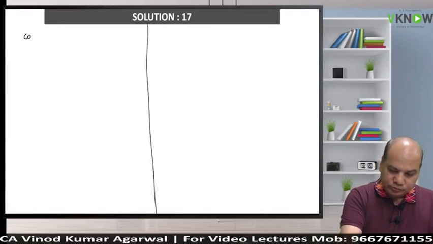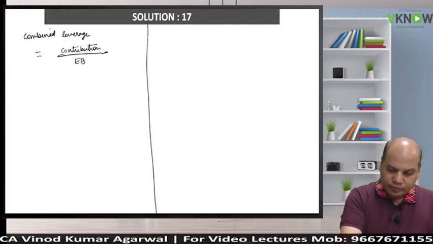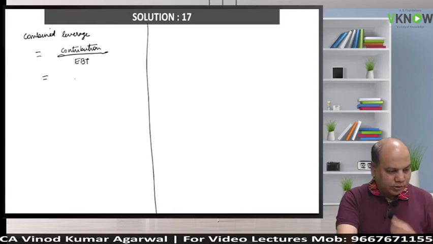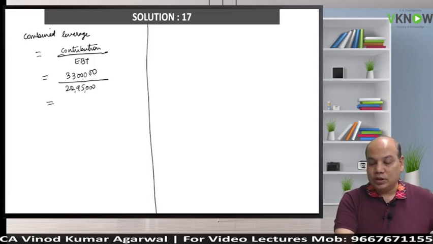Combined leverage is contribution upon EBT. Contribution is 33 lakh, and EBT is 22 lakh 95,000. Up to 4 digits in decimals, it is 1.438 approximately.